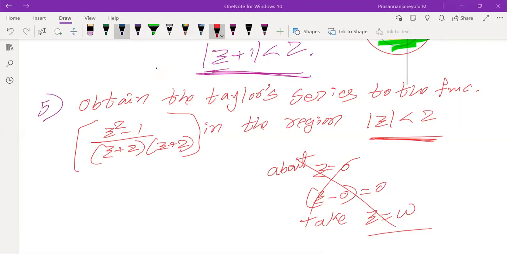The denominator contains z plus 2 into z plus 3, so z square plus 5z plus 6 you will get. So divide the numerator z square minus 1 with the denominator part z square plus 5z plus 6.